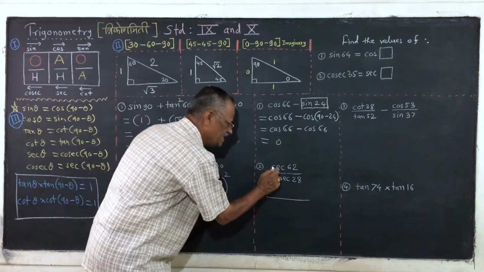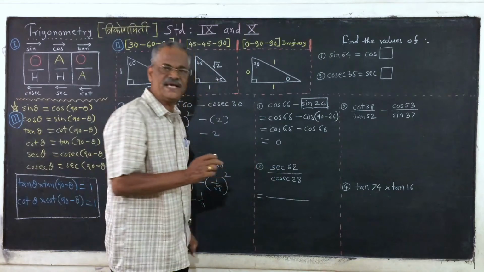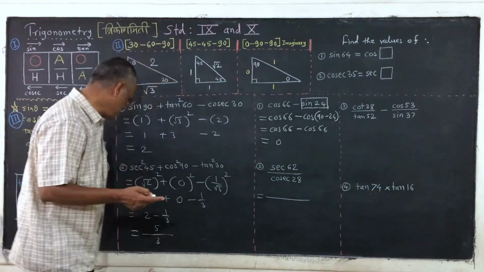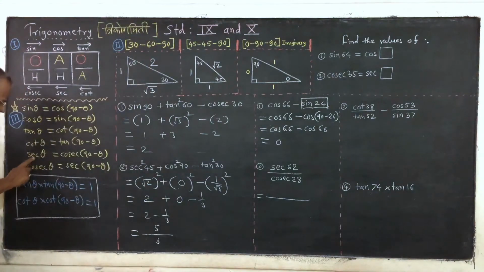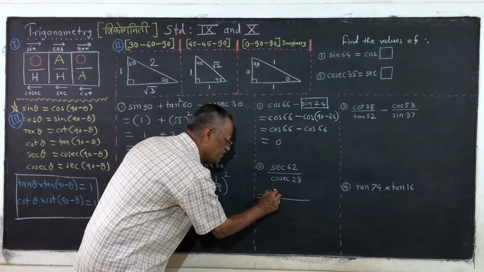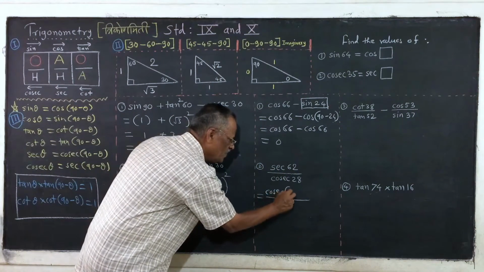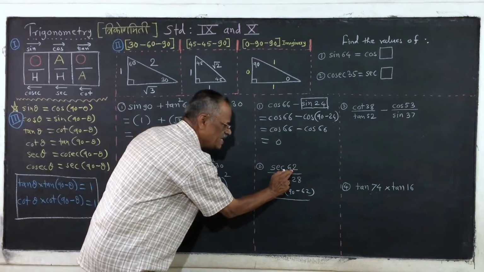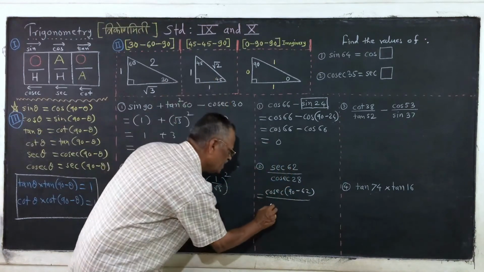90 minus theta. Division is there, sec is there, cosec is there. We cannot divide directly. So try to convert by using this, sec theta is equal to cosec of 90 minus theta. Convert numerator, that is cosec of 90 minus theta, by taking 62 as theta.